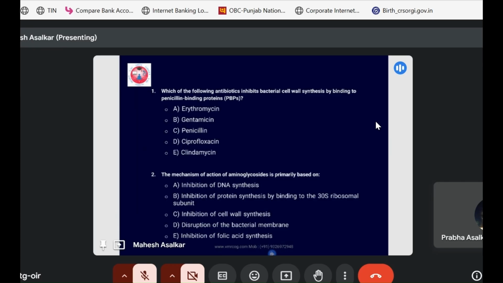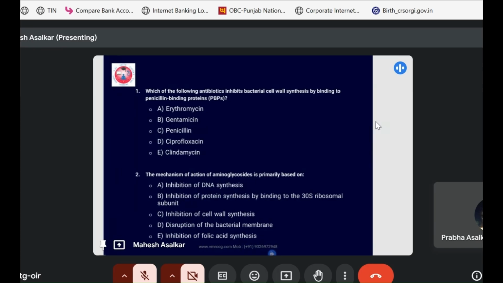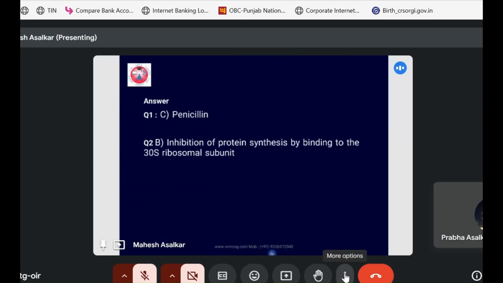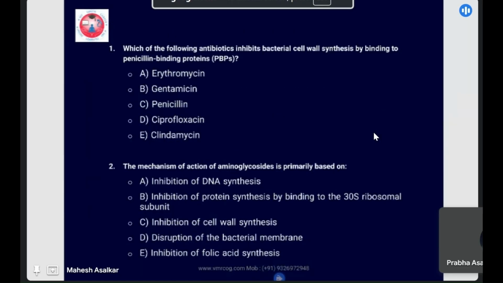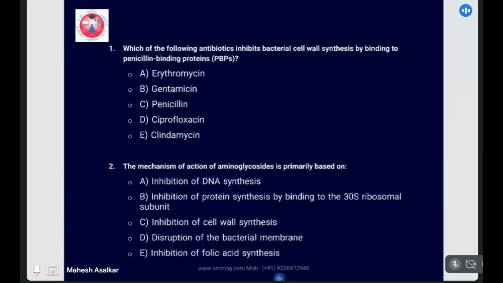Now the mechanism of action of aminoglycosides. The answer given is B, that is inhibition of protein synthesis by binding to the 30S ribosomal subunit. Here there is one option with the 30S ribosomal subunit, and the other option may be the 50S ribosomal subunit also, because there are some antibiotics which bind to the 50S ribosomal subunit. We get confused if we just remember protein synthesis, so remember the complete answer.